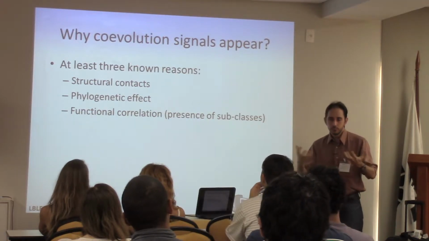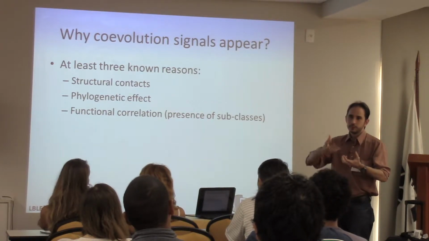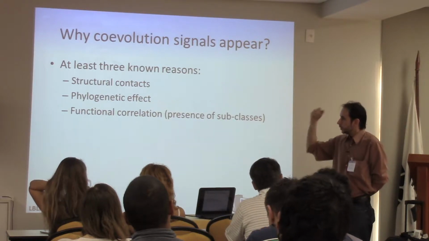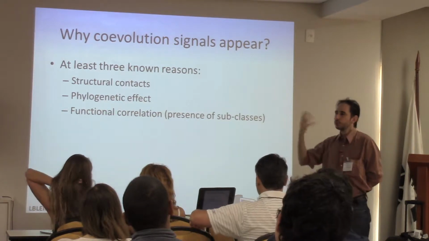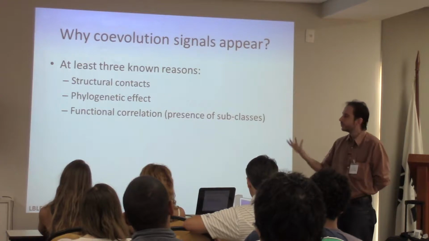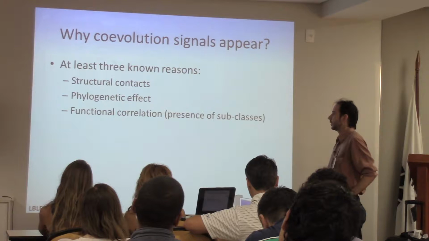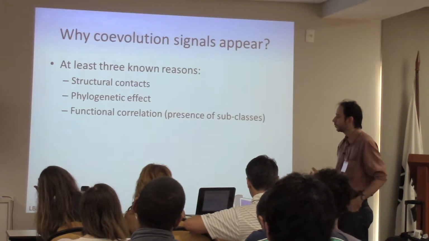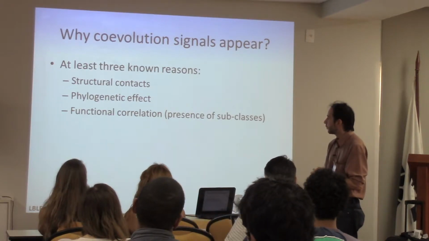If residues are in contact, we expect to detect that what we have in this position will probably affect what we have in this position. The other one is the phylogenetic effect, which isn't something that we can use for studies. Exactly, it's sort of noise which we must correct. And the third one, which is what we aim at doing, is detecting functional correlation, in which there are subclasses which do somewhat different things in the same protein family.